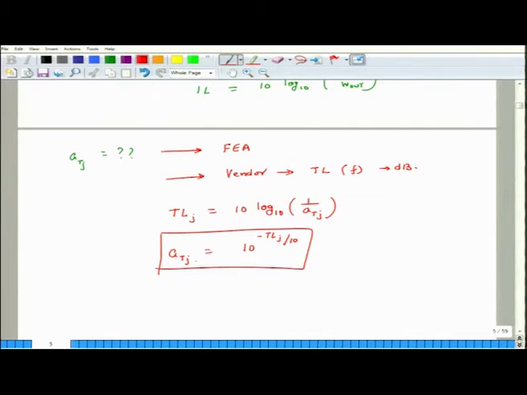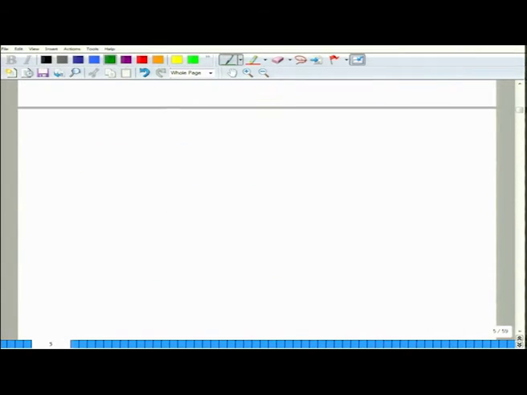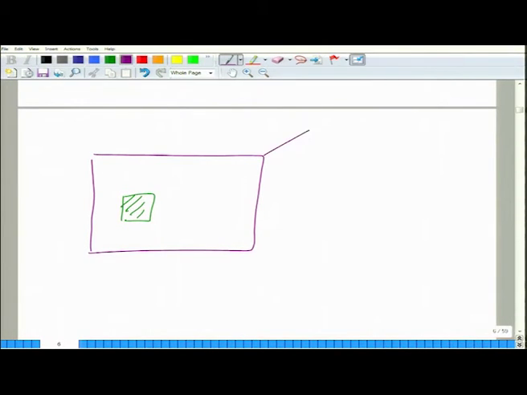Couple of other things. A lot of times when we design enclosures, suppose you have a machine and the machine is put in an enclosure, and let us say this is a box like enclosure, something like this.